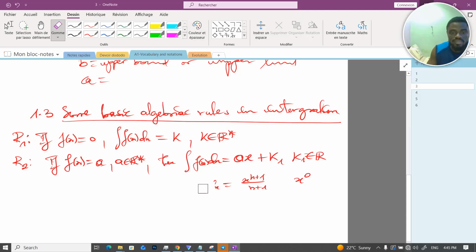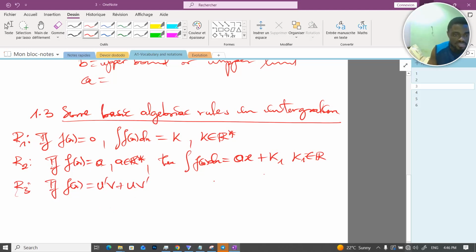So let's see the next rule. Rule 3 states that if f of x is equal to u prime v plus u v prime, where is this formula coming from?